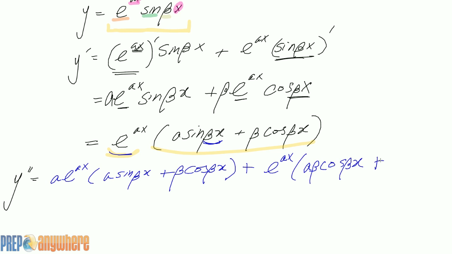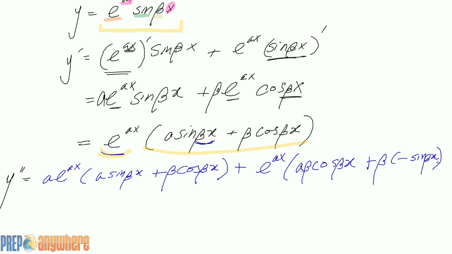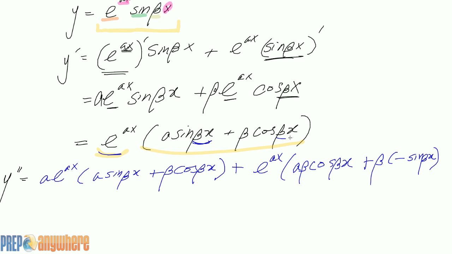Okay, second part, beta, it's going to turn into a minus sine of beta x, that's the derivative of cosine. And then you have to differentiate beta x, which will give you another beta. Okay, so we get beta squared there. All right, let me factor out e to the power of ax again.